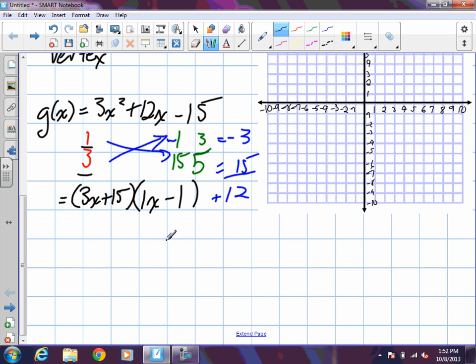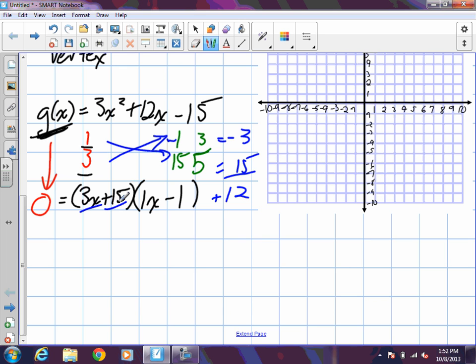Okay? This factored form can help us when finding an X-intercept, because an X-intercept is when the Y value is 0. So I'm going to replace g of x, or y, with 0. Okay, and we could have actually factored out a value of 3 at this point.